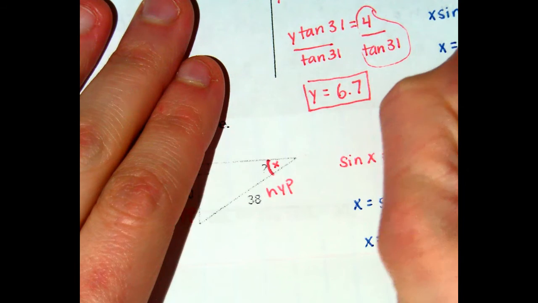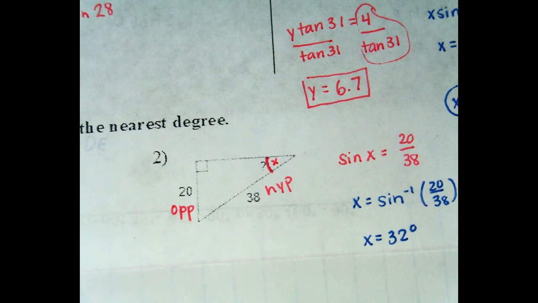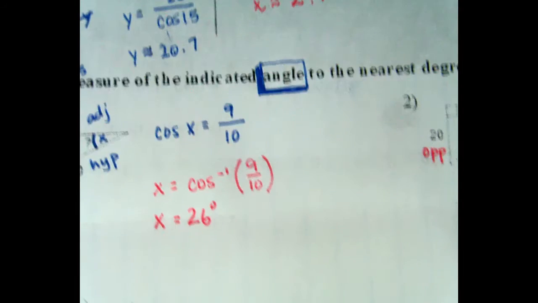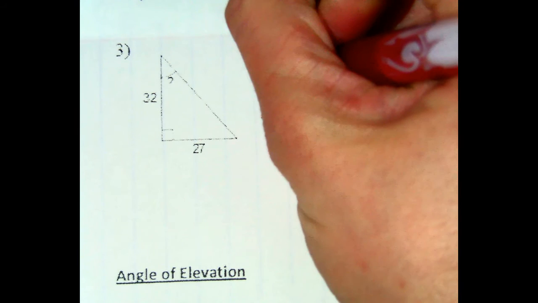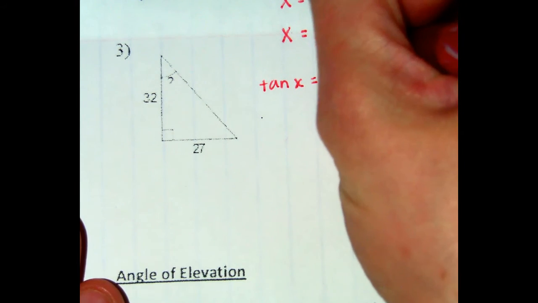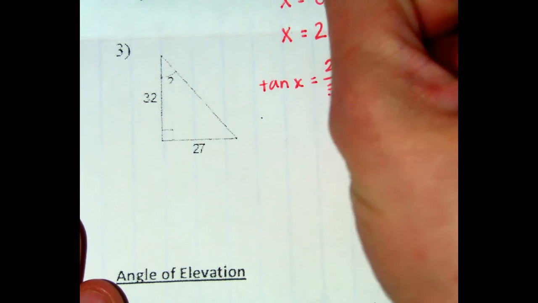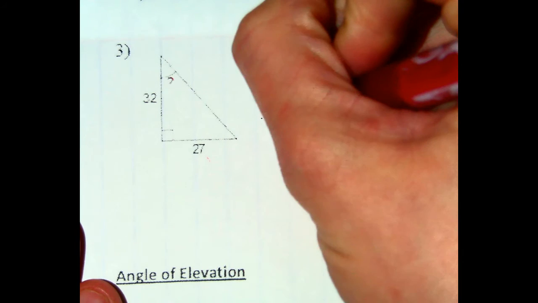Alright, I want you to do number 3. What ratio did you guys use on number 3? Tangent, okay. Tangent of x equals what? 27 over 32 because you have the opposite over the adjacent. So what did you type in your calculator?